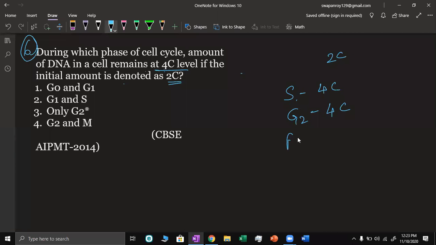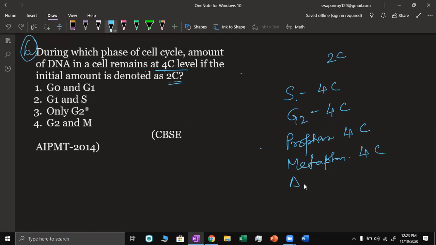In the prophase of mitosis it will remain as 4C. In the metaphase it will remain as 4C.